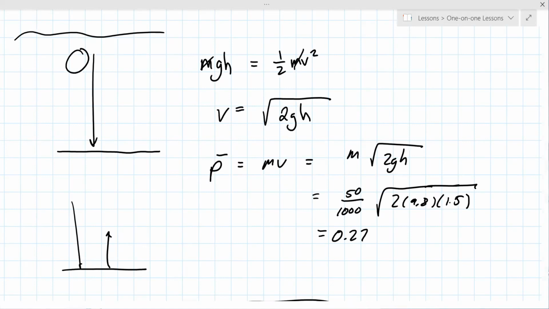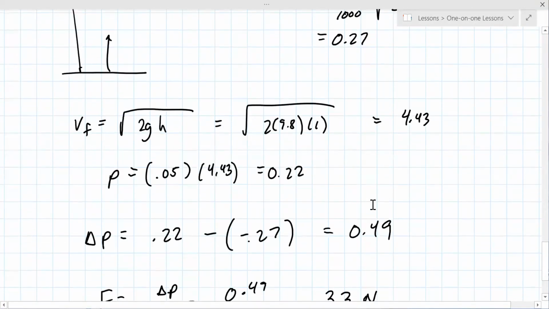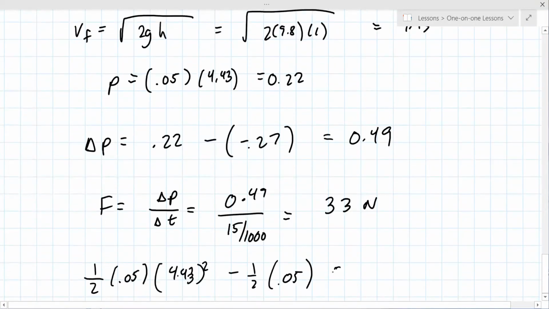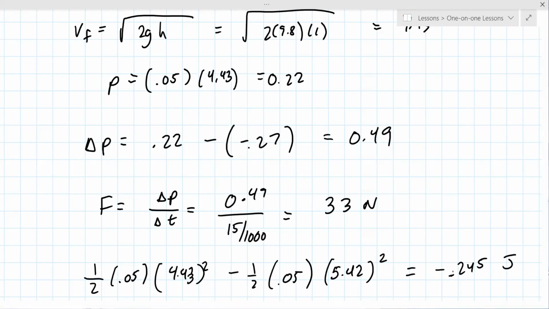Okay, which looks like it's 5.42. And I'm getting around minus 0.245 joules for that. Correct.